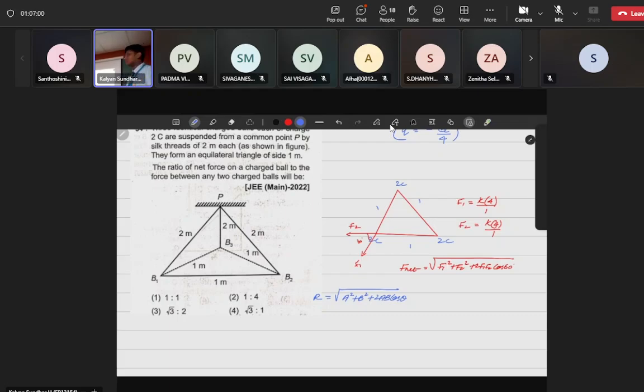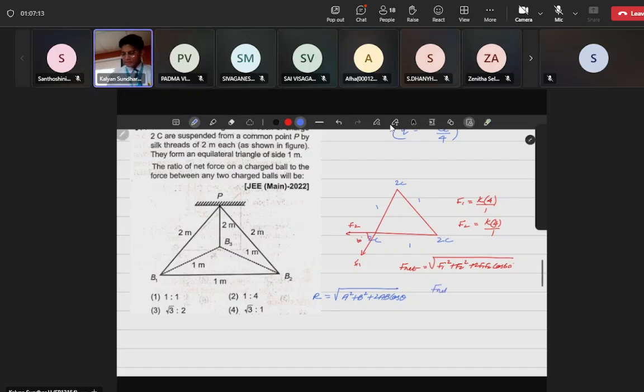And we know that F1 is equal to F2, so F square plus F square plus 2 times F square cos 60. Cos 60 will be 1 by 2, அப்ப மொத்தமா F net will be equal to root 3 times F, கரெக்டா? இது F net ஓட வேல்யூ, net force கண்டுபிடிச்சாச்சு.